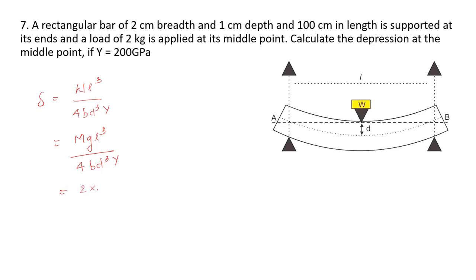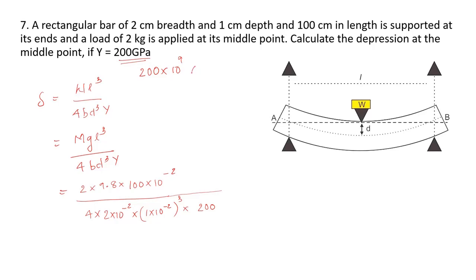Let's substitute. It is 2 kg into 9.8, into length, which is given as 100 centimeter, so 10 to the power negative 2 meter, into 4 into breadth, given as 2 centimeter, so 2 into 10 to the power negative 2, into the depth, given as 1 centimeter, so 1 into 10 to the power negative 2 meter, the whole cube, into Y, given as 200 GPa, that is gigapascal. 200 gigapascal is 200 into giga, which is 10 to the power 9.